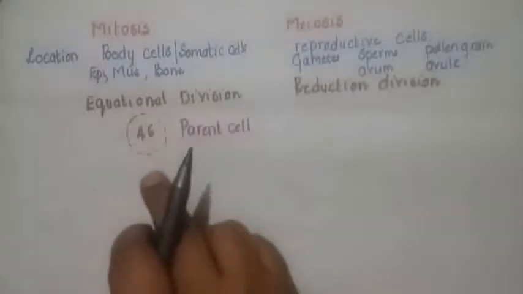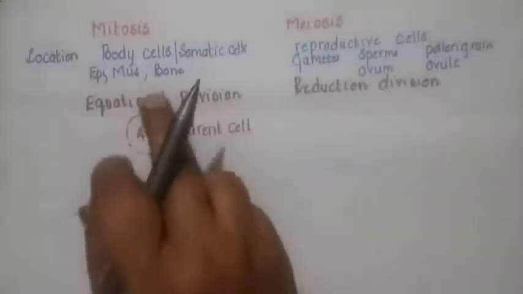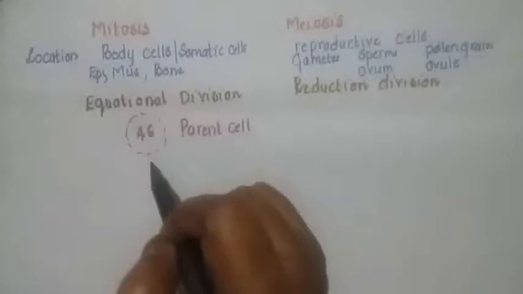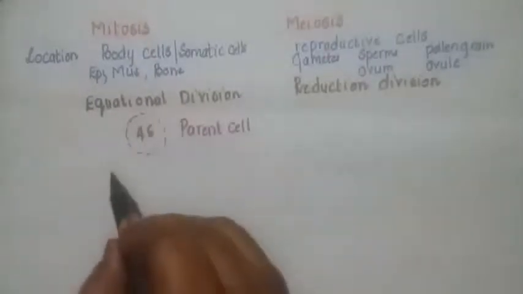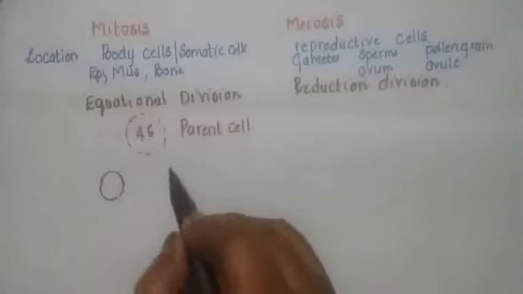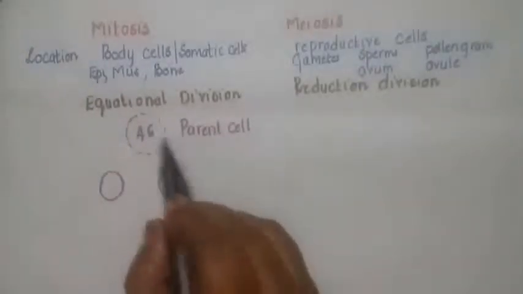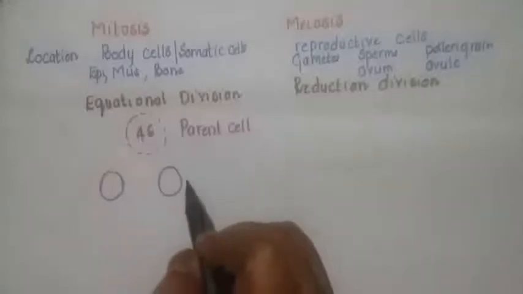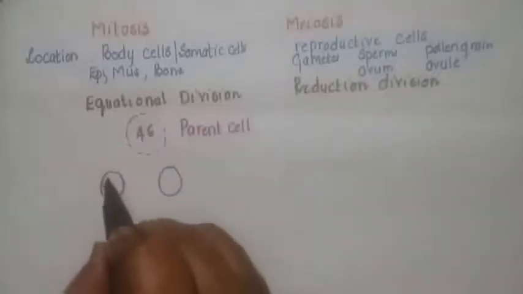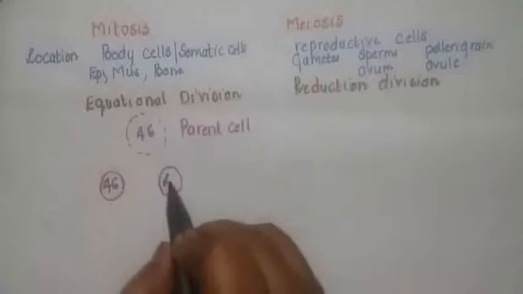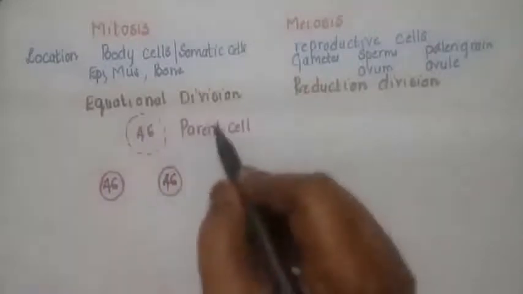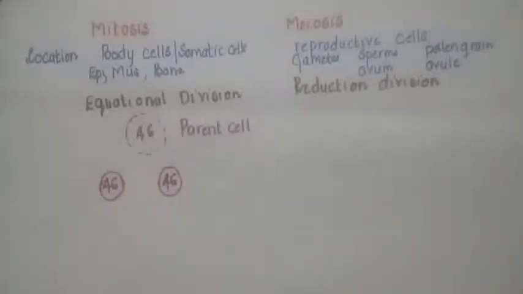So when this epithelial cell or bone cell or muscular cell undergoes a mitotic division, it forms two new cells. And those two new cells will have the same number of chromosomes just like the parent cell.